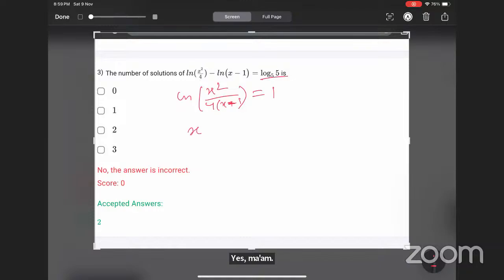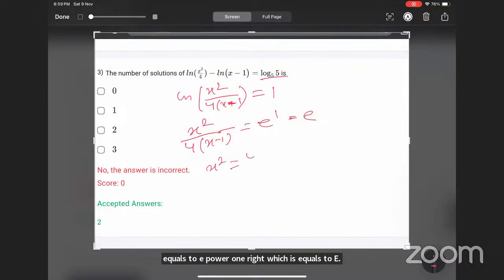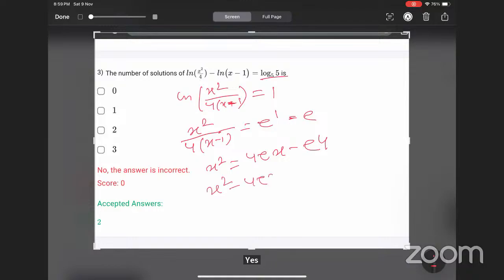So we can take it as x square by 4 times x minus 1 equals e power 1, which is equal to e. So x square will be 4e x minus e, right? So we will get x square minus 4ex plus 4e equals 0, right?